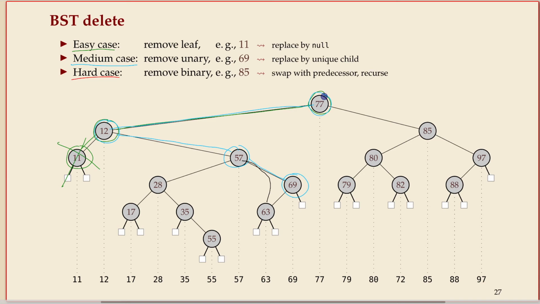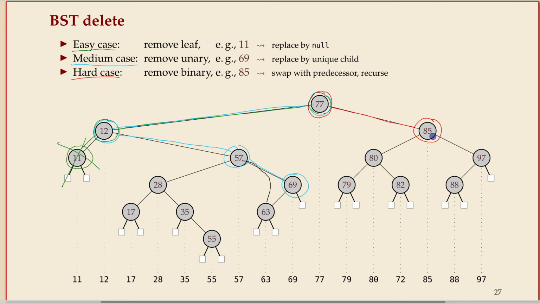The most tricky one is when we want to delete a binary node, because in this case, if we got rid of this, there's two subtrees that now need a parent, and we kind of don't have two pointers left. We only have one parent pointer to spare.